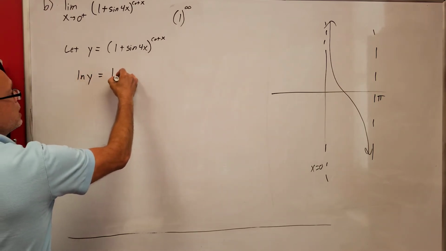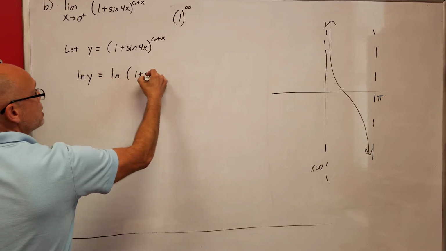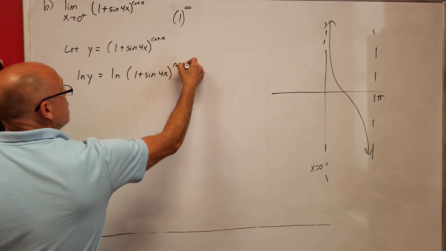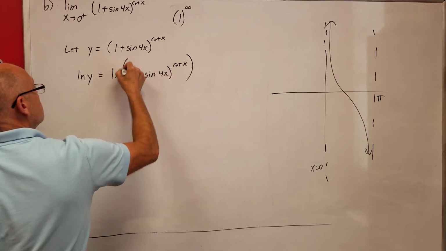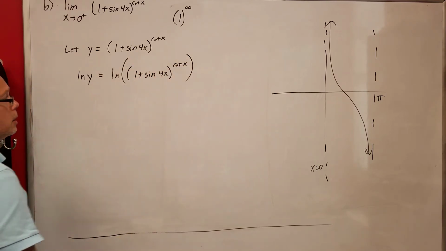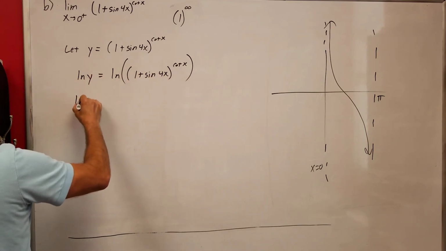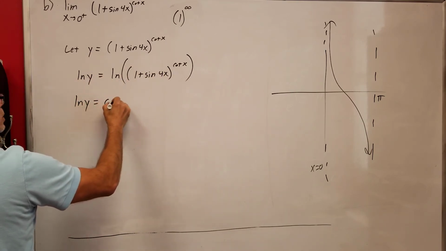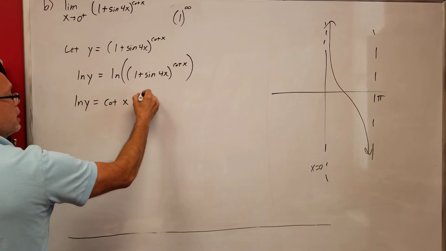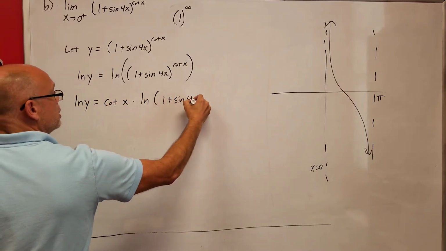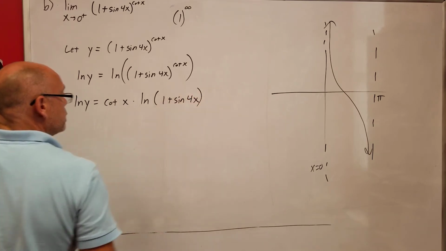Natural log of y equals the natural log of 1 plus the sine of 4x to the cotangent of x. Then I can move this cotangent to the front of the natural log. So natural log of y equals the cotangent of x times the natural log of 1 plus sine of 4x.